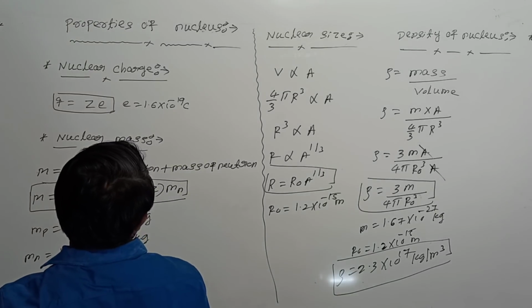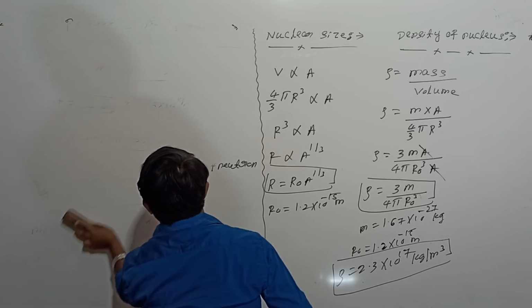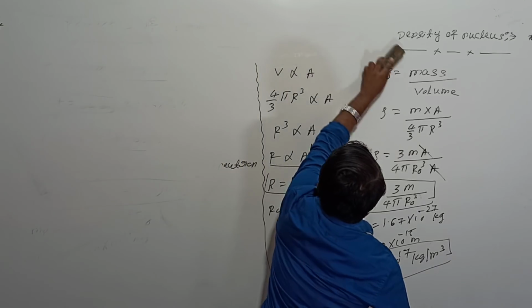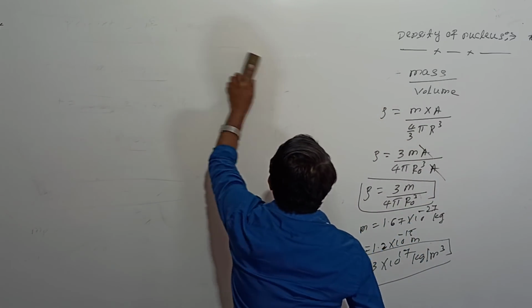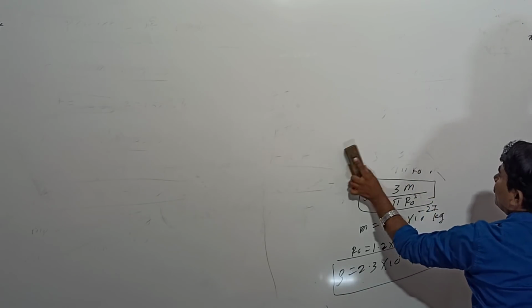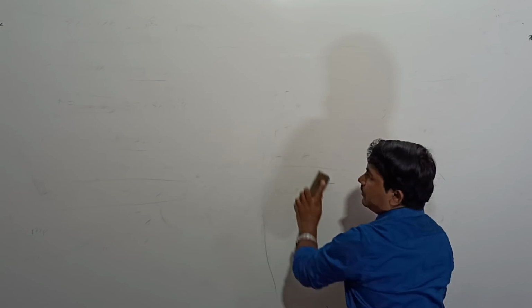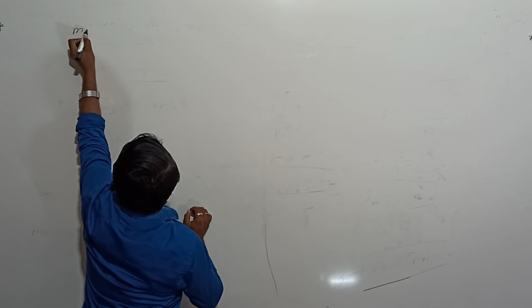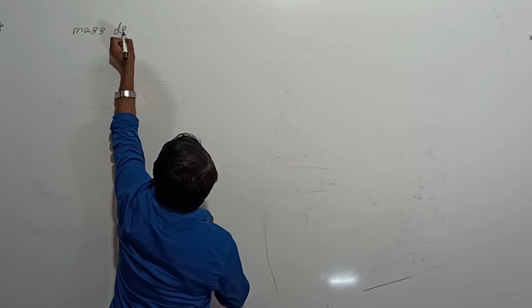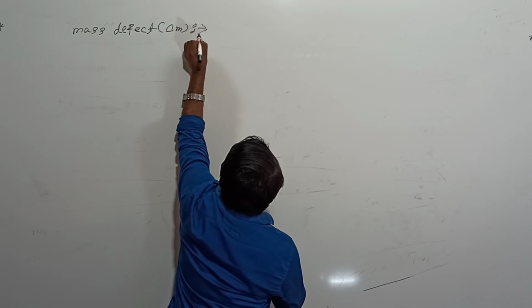Let us see the concept of mass defect, represented by delta.